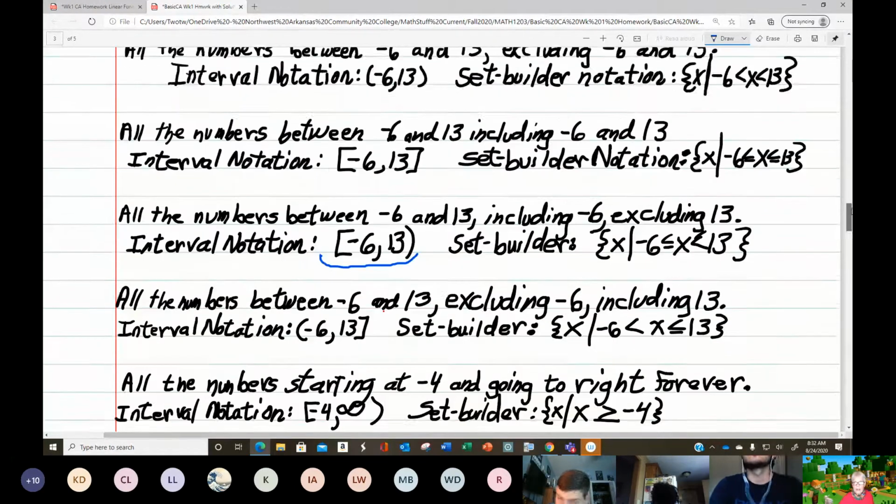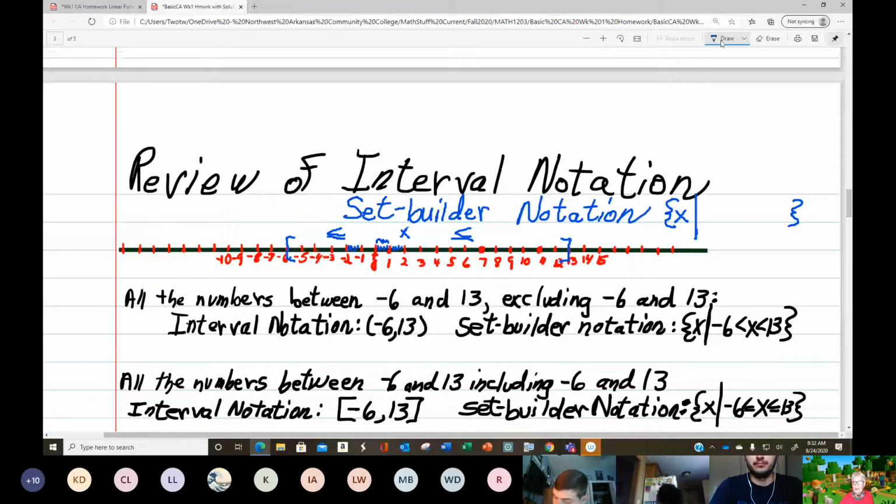And the way we would say that in this drawing would be that I would get rid of this and put a parenthesis here at 13, which would say the same thing.